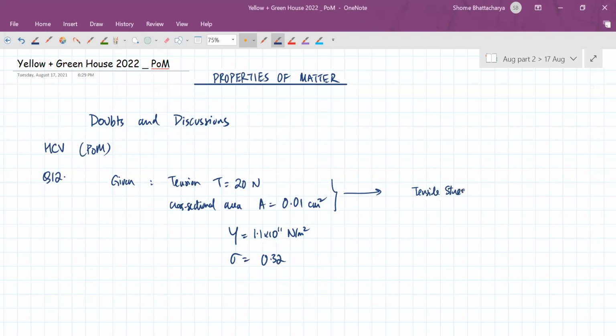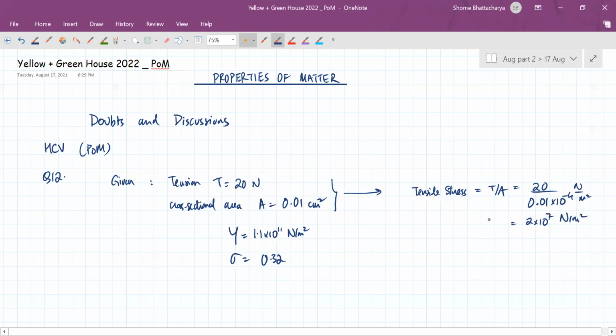So the first thing is, from this we will see that the longitudinal or the tensile stress is equal to this quantity. So it is 20 divided by 0.01 into 10 raised to the power minus 4, in Newton per meter square. So it's becoming 2 into 10 raised to the power 7 Newton per meter square. So that is our tensile stress. From that we will know, using Young's modulus is equal to tensile stress upon tensile strain, that delta L by L is equal to stress upon Young's modulus.